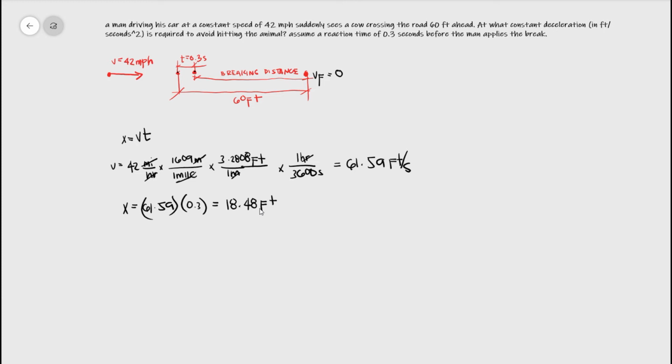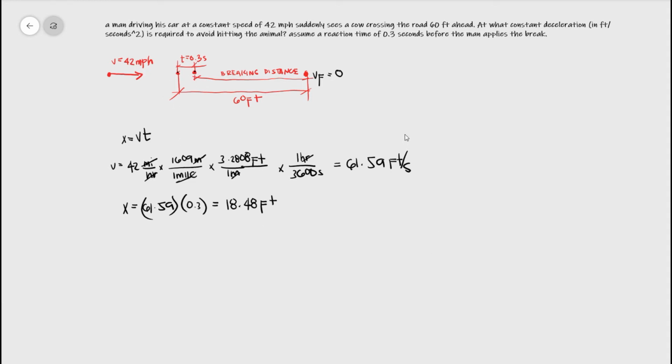To get the deceleration, we have the distance traveled and the final velocity, but we do not have time. Therefore, we will not be using time in our formula. The velocity is 61.59 feet per second.